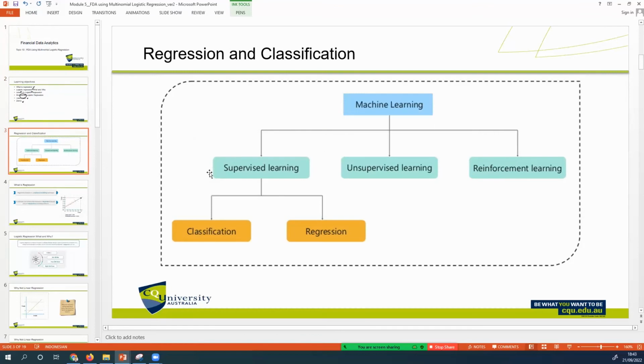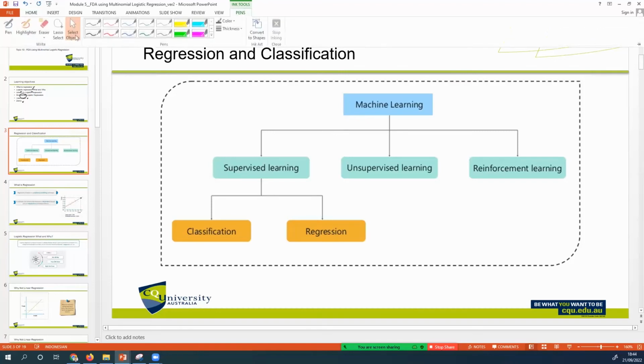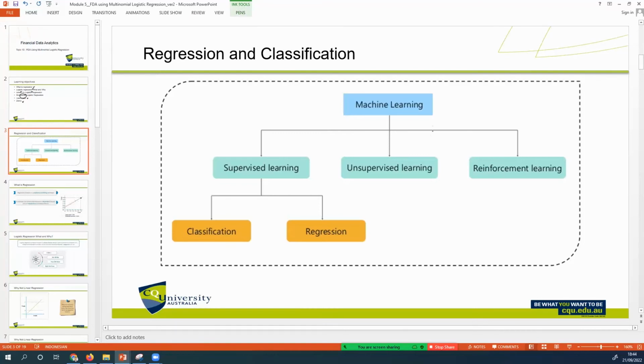So regarding regression and classification, in machine learning there is what we call supervised learning, unsupervised learning, and reinforcement learning.